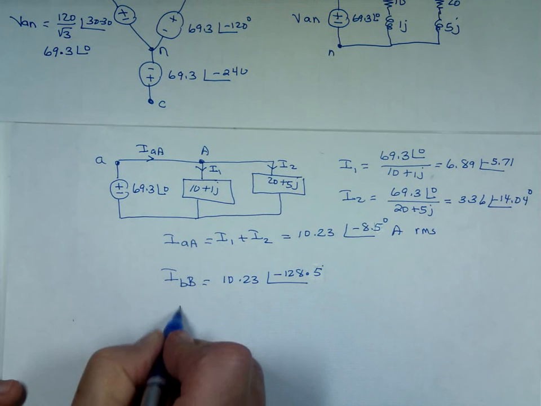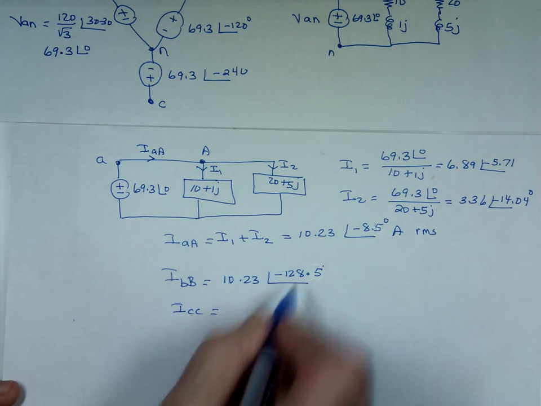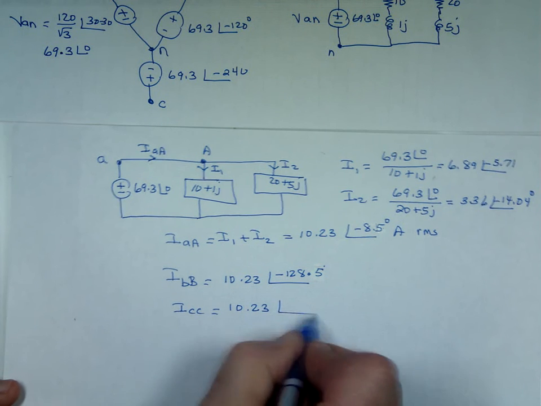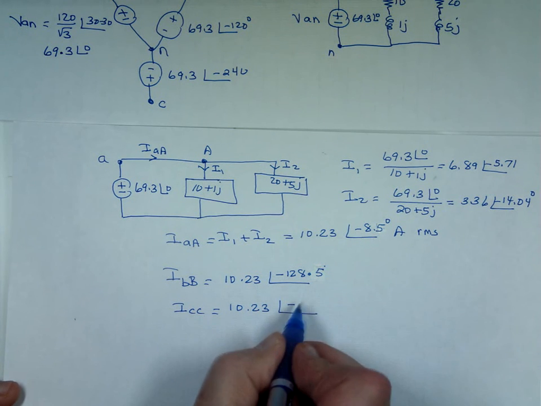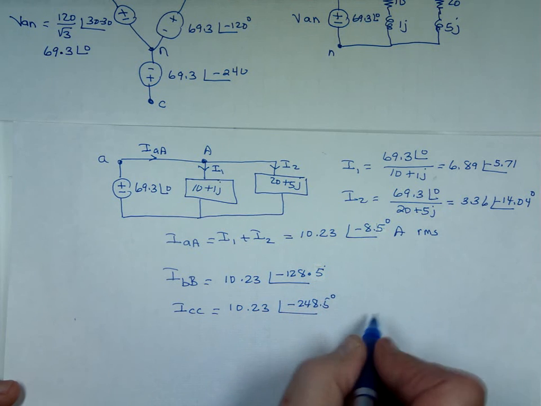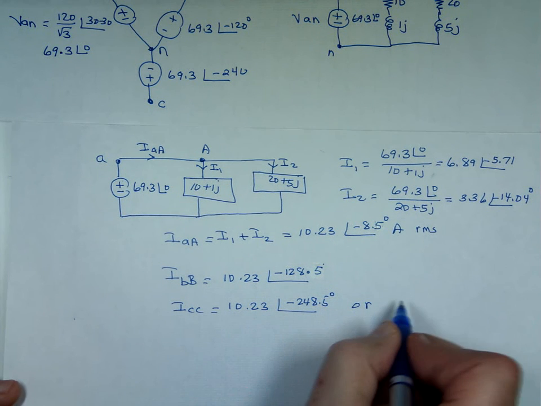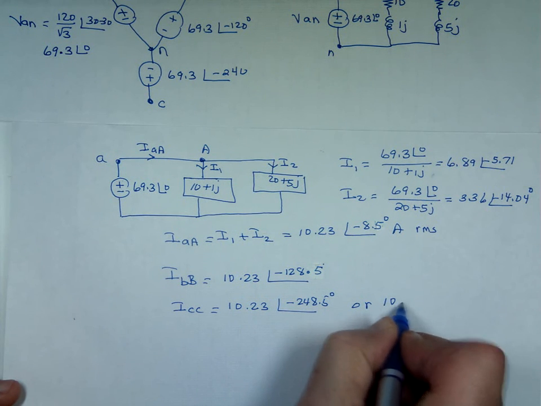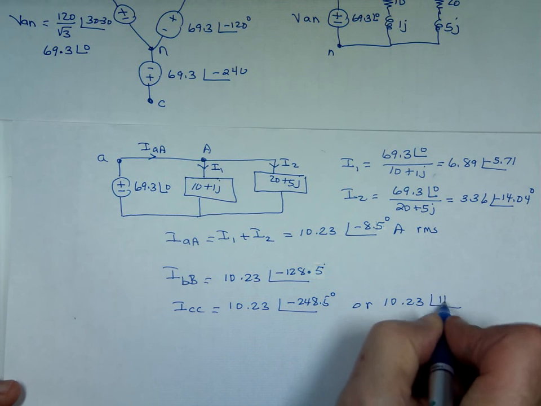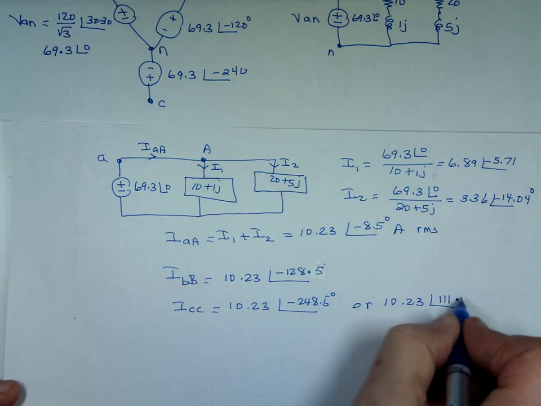And I sub CC, subtract another 120 from that, so negative 248.5 degrees, or 10.23 angle 111.5 degrees.